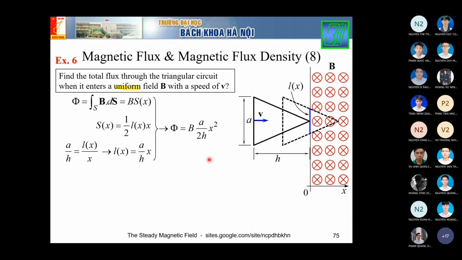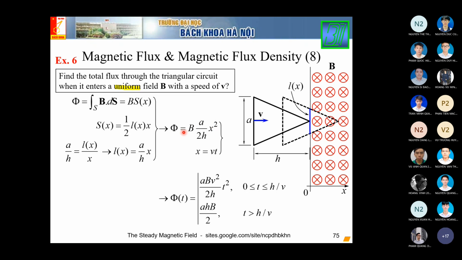But we cannot stop here because we are not given h, we are given speed v. So we have to change h into v. The relationship I think is very familiar to you from high school. h is vt. So you change h here into vt, you have this.